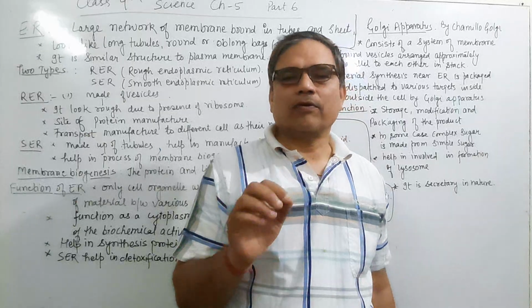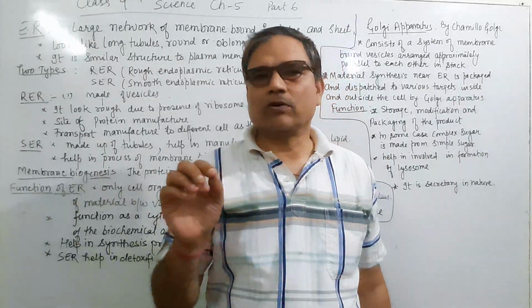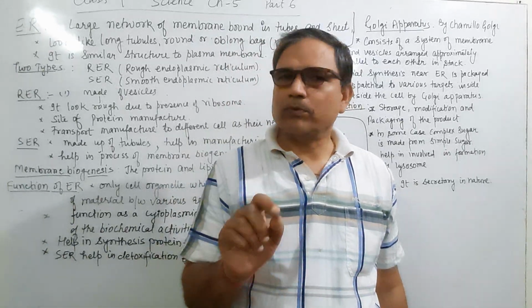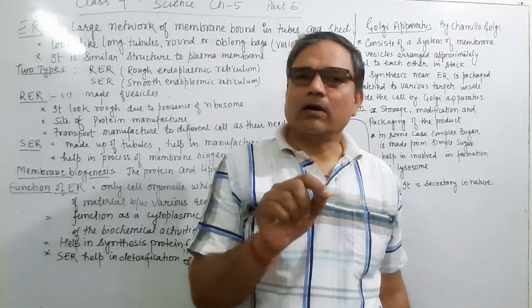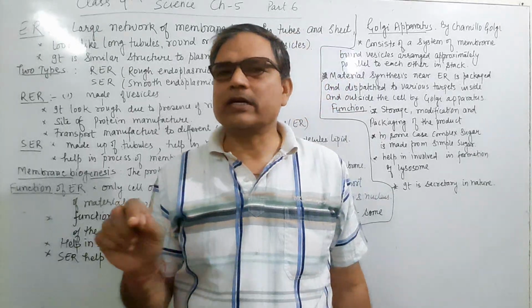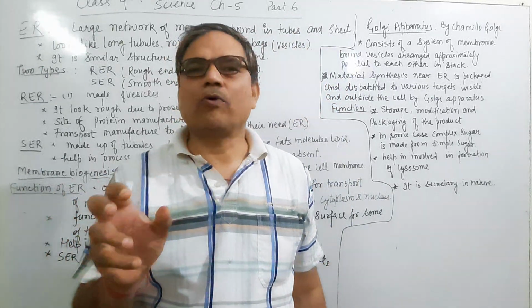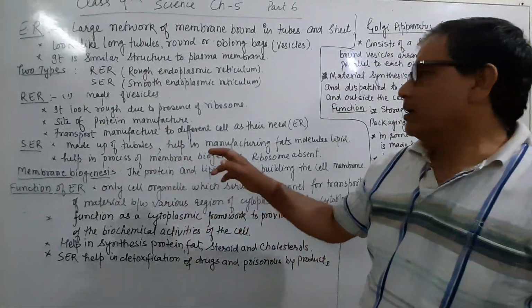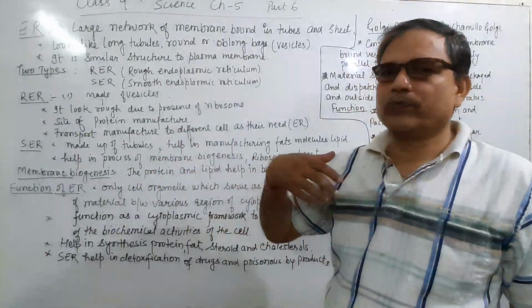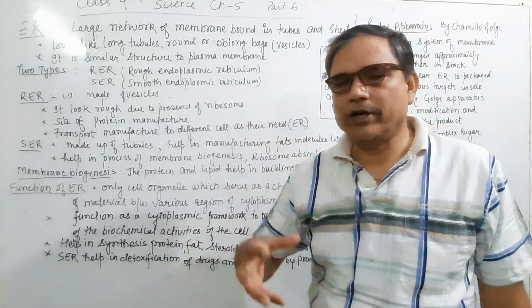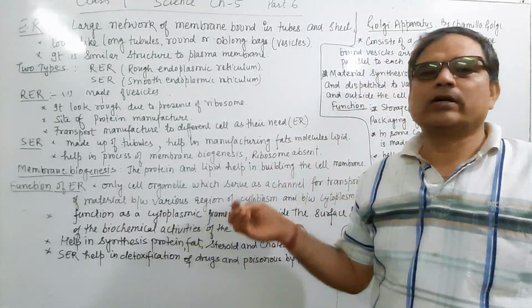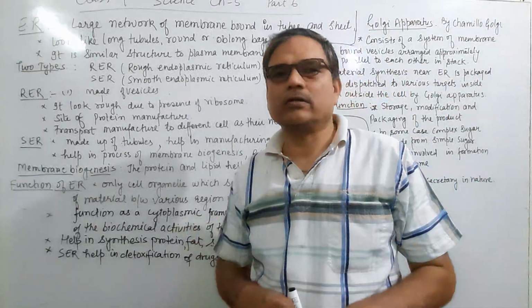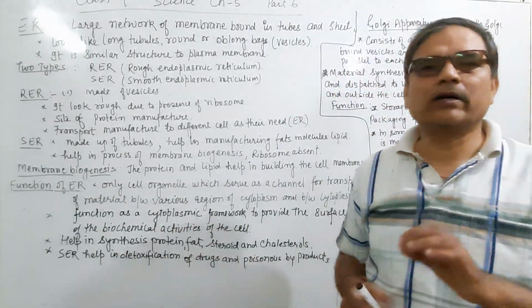It looks rough due to the presence of ribosomes, and it is in the form of vesicles. And second is the smooth endoplasmic reticulum.